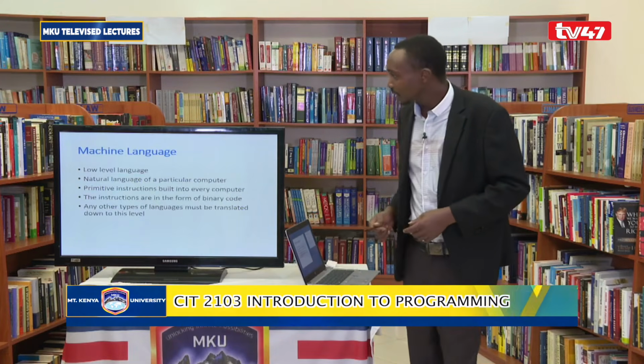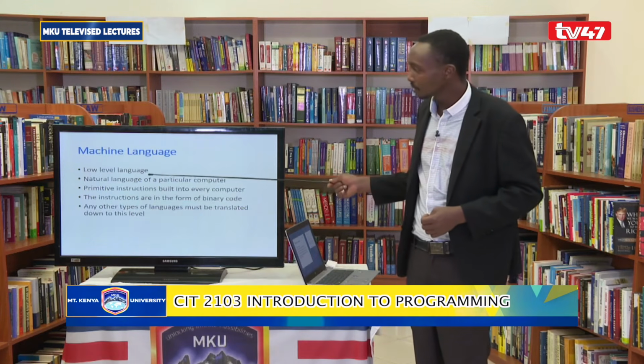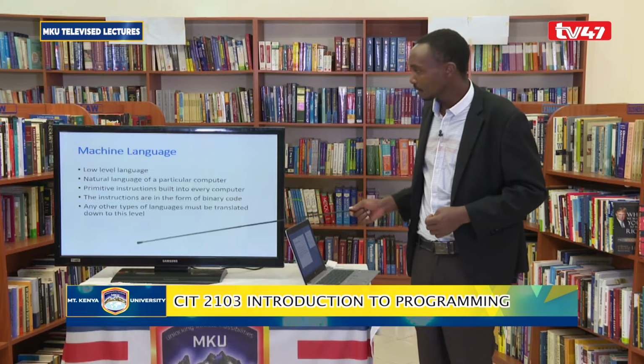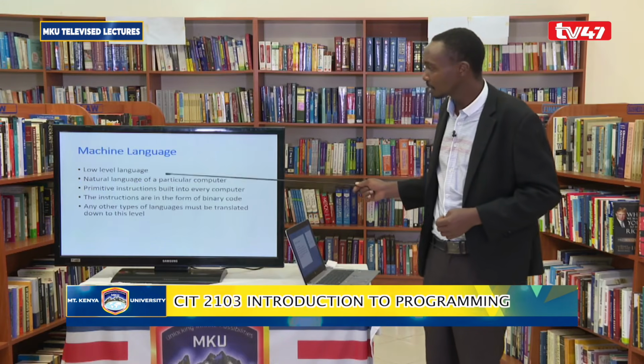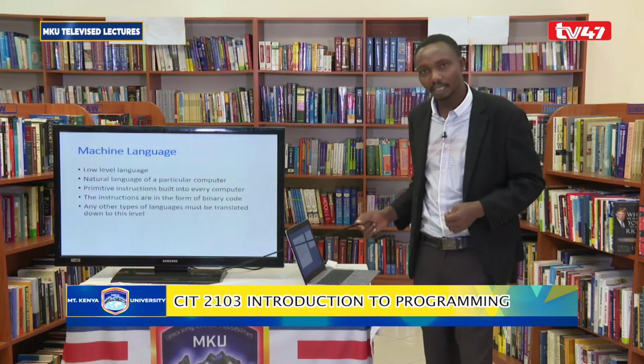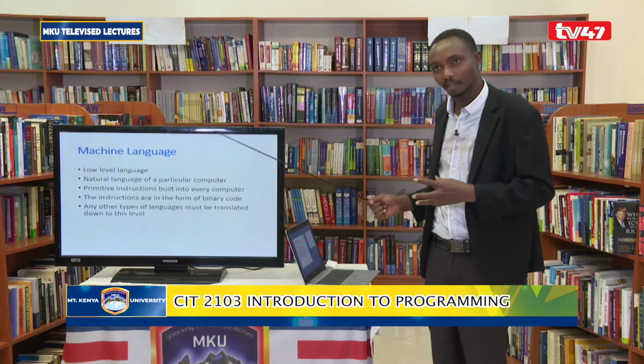Talking of machine language, when it comes to programming, machine language is a low-level language. It is low-level because it has been designed so that it can be easily understood by the computer or simply the processor.